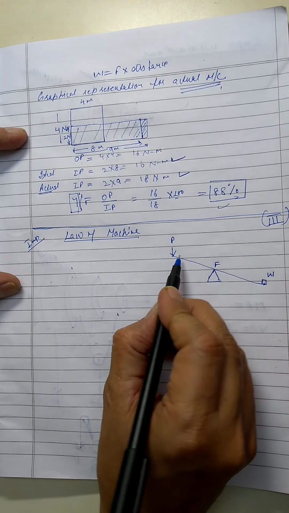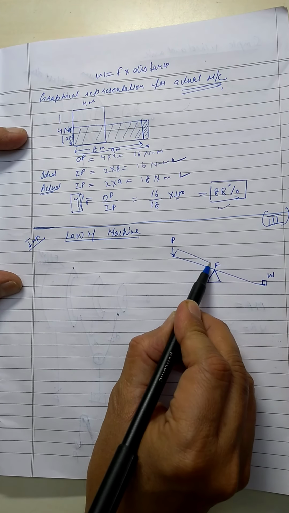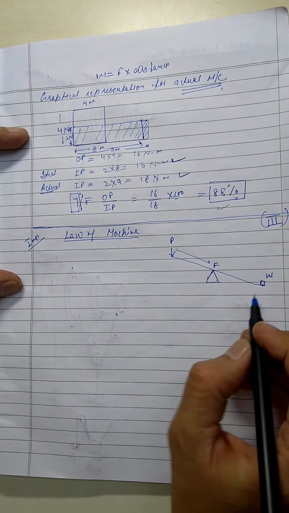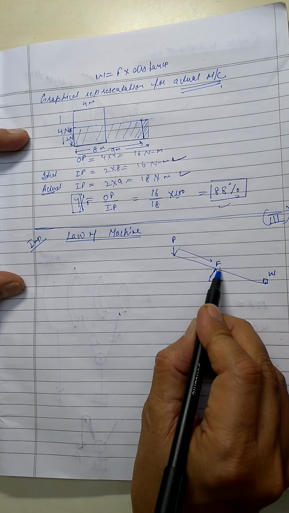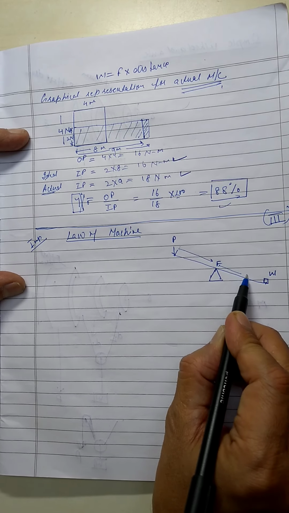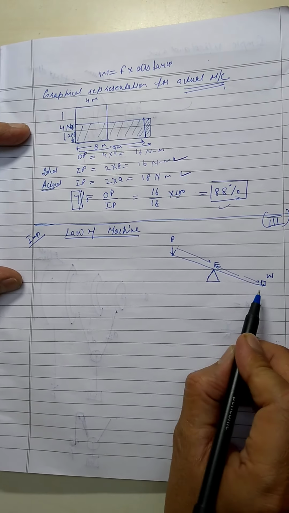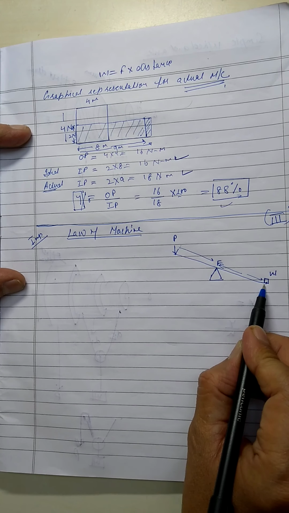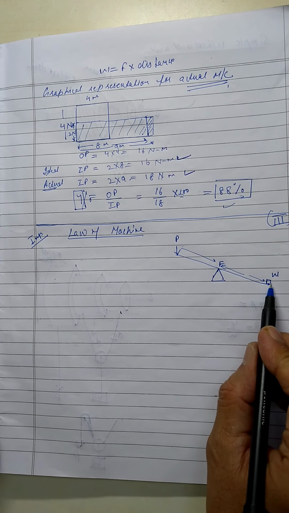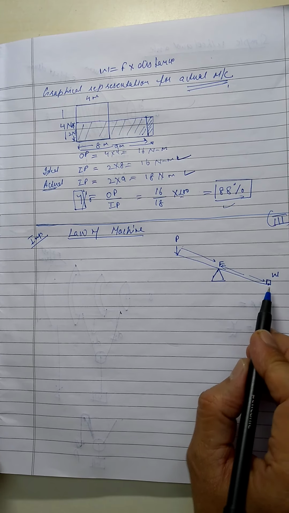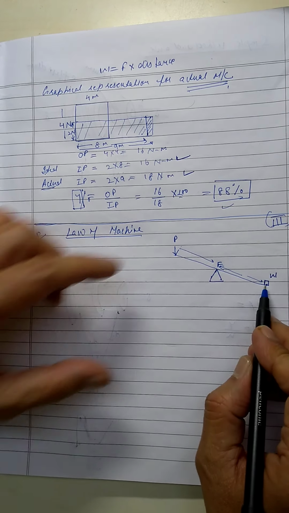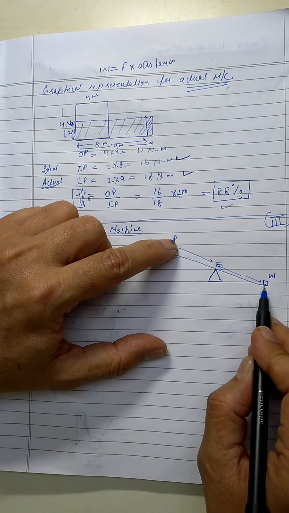This distance is known as the effort arm and this distance is known as the load arm. At the load point a weight W is kept, and to lift the weight we have to apply effort here like this.